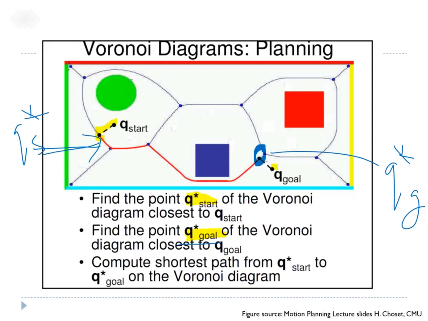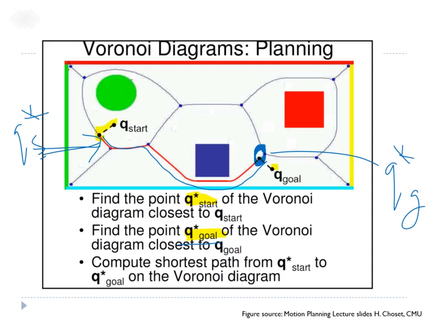And once we have found out two points which are closer to Q start and Q goal respectively, from Q star start to Q star goal, we will find out a shortest path as is shown here through this red curve. And then we take the union of these three curves.